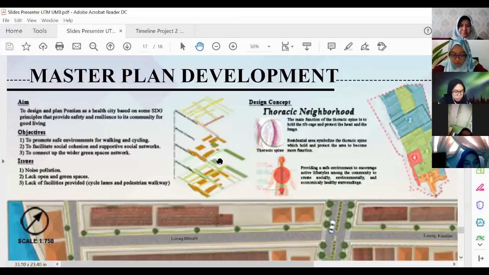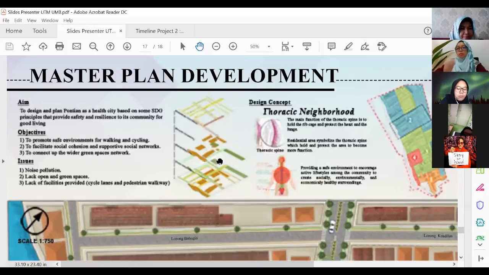So for the objectives, first I would like to promote a safe environment for walking and cycling. How do I want to achieve this? For my first objective, I will provide good circulation and connectivity with different paths between the main road and the secondary road, so it will provide a safe environment to the user.